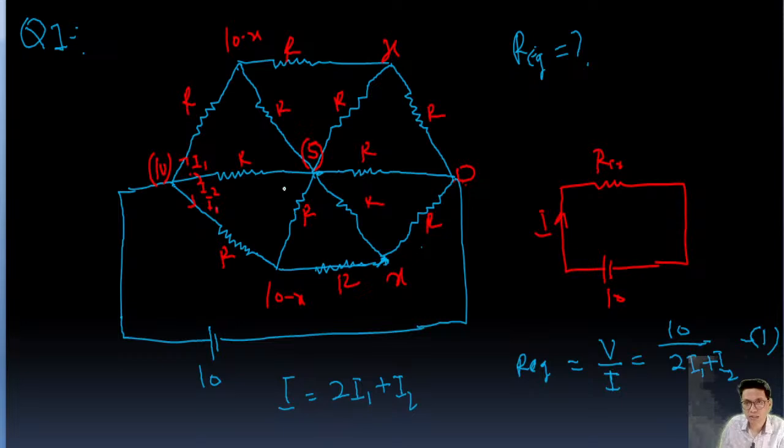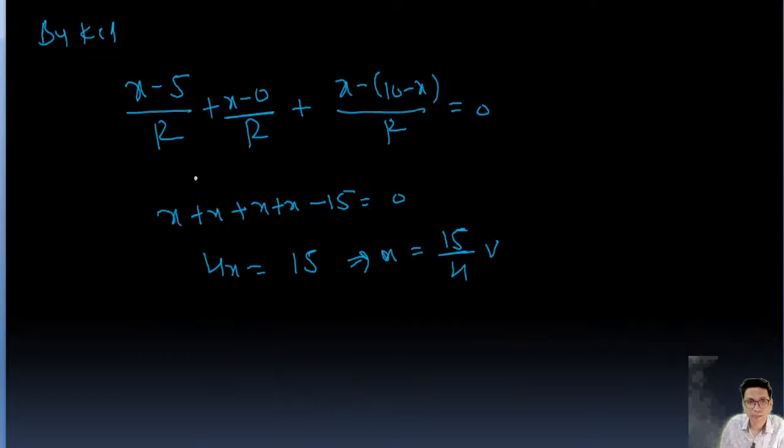You need to understand this current is I2, and by symmetry this current is I1, and this one is also I1, because it is in hexagon shape. So this is the value of x we have found. Now we can easily find I1 and I2.